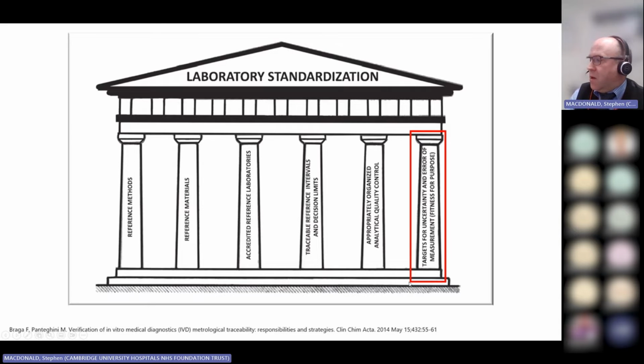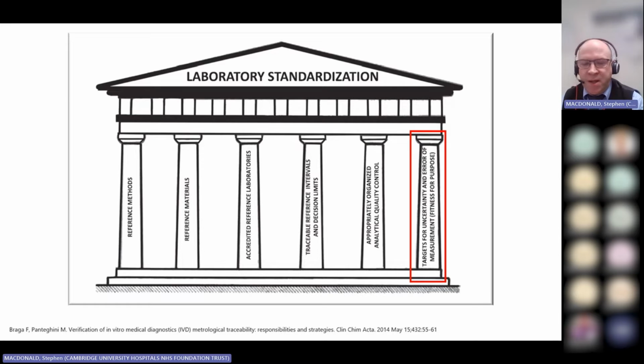The last column here, which is talking about measurement uncertainty and error of measurement, which is effectively what we're talking about when we talk about performance specifications, they feed back to the other pillars as well, because by setting the limits based on our modeling approaches, we can then work out what processes we need to input or what we need to instigate to be able to monitor conformance to those performance specifications.